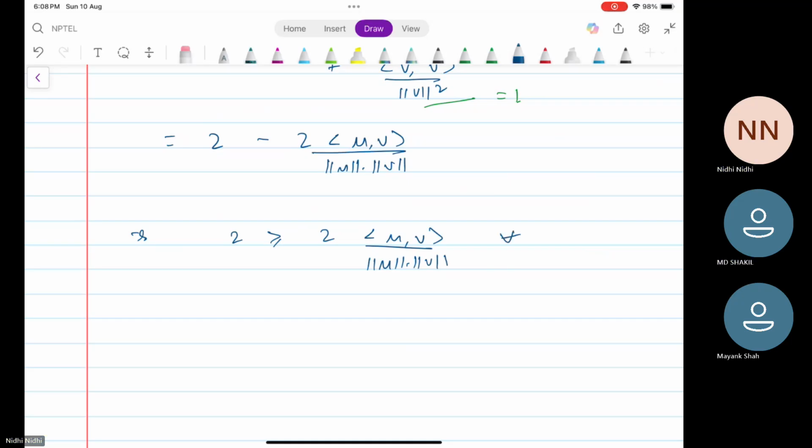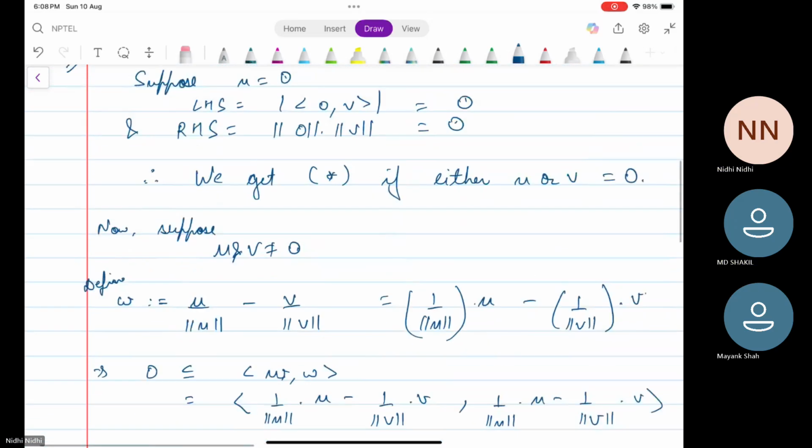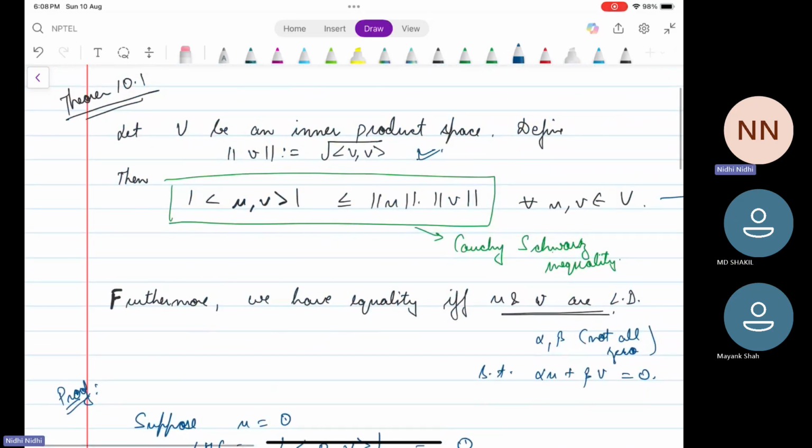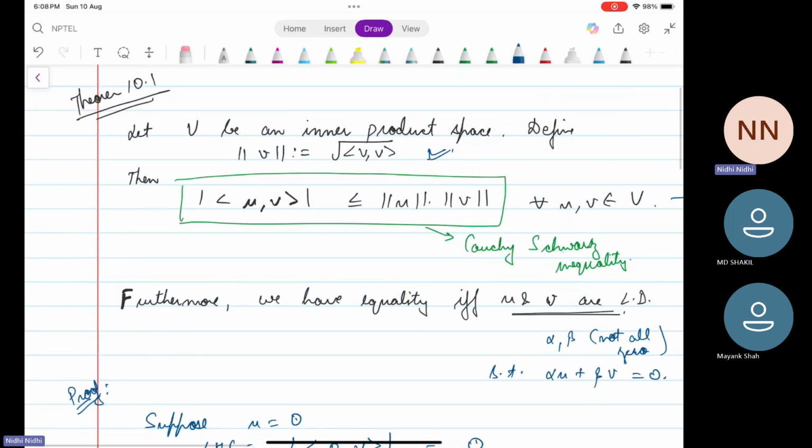Ma'am, are we using the fact that the square root of the inner product of v, v is a norm here? No, we have defined the norm in this way, right? The square root of the inner product of v with itself.